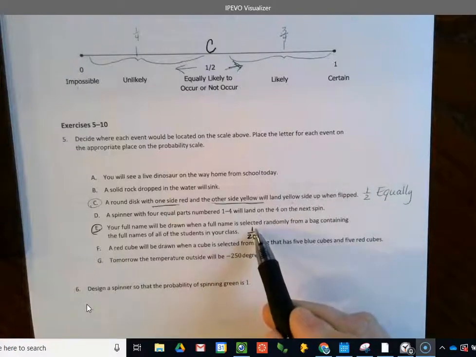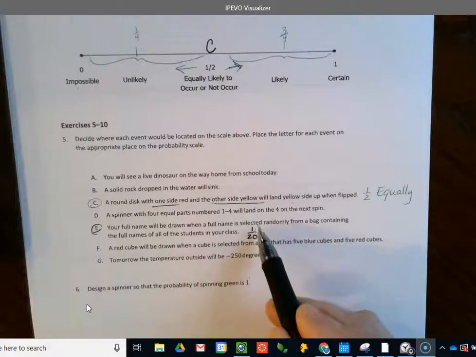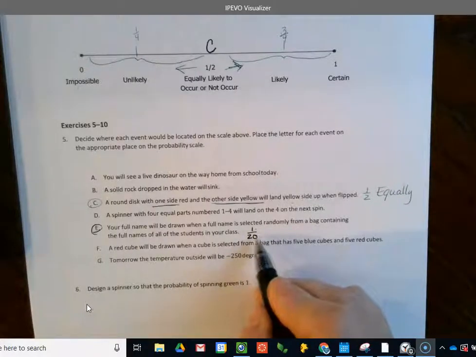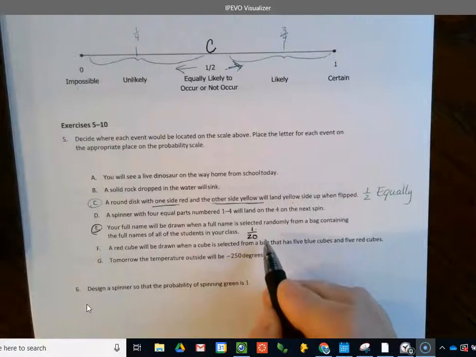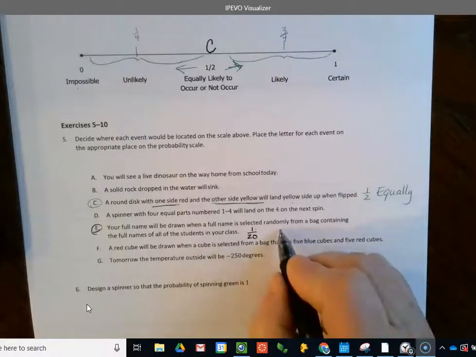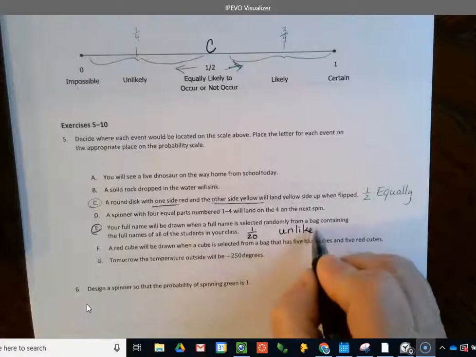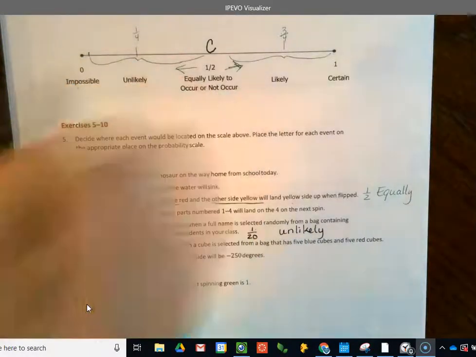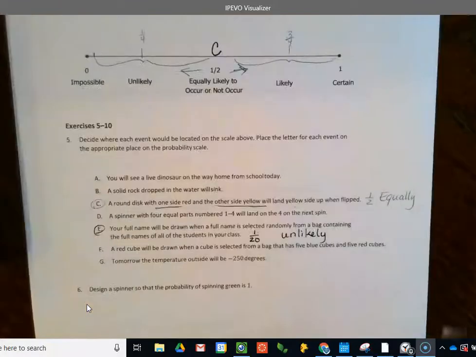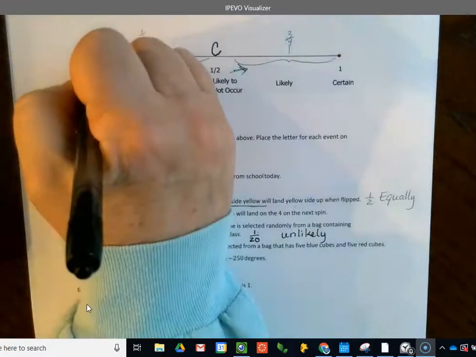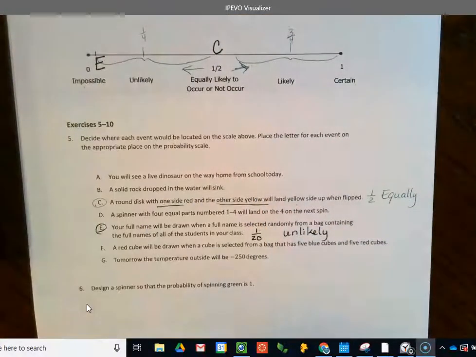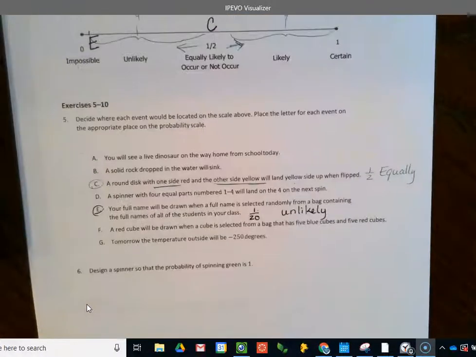So there is a probability that your name would be picked because there is one chance of that. But this is a very small probability. It is unlikely. It would actually fall down here somewhere if it was at 1/20th. So we're going to put E down towards the end, but not at 0 because there is a probability.